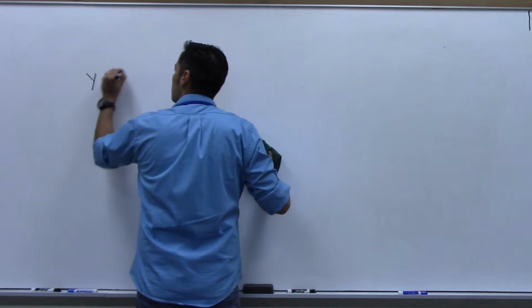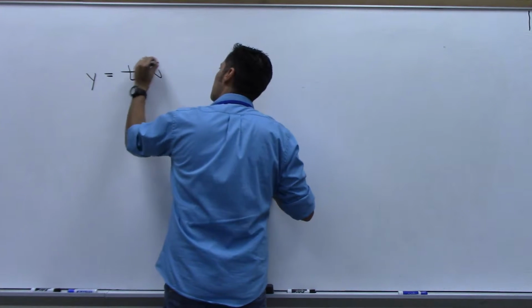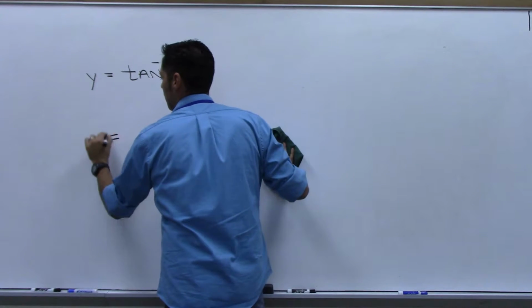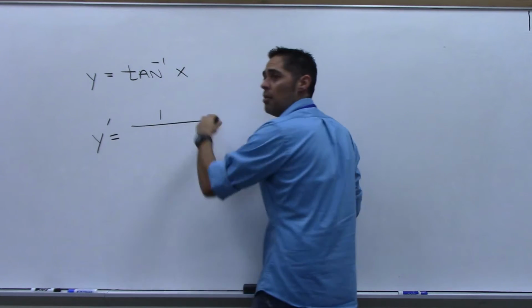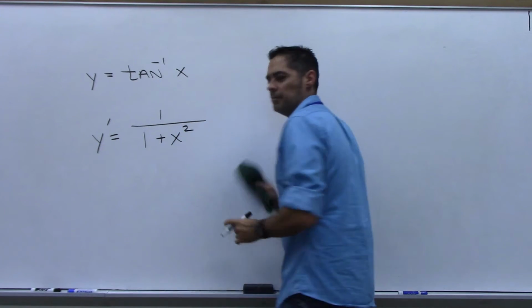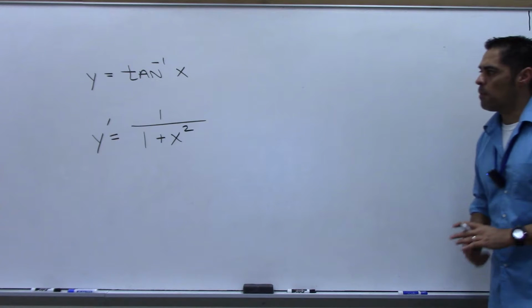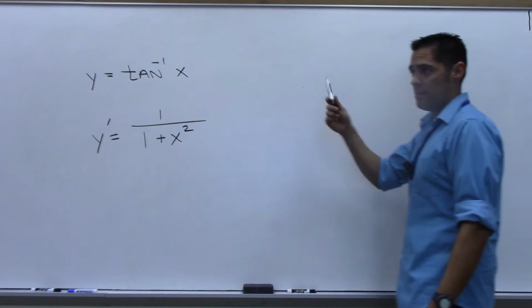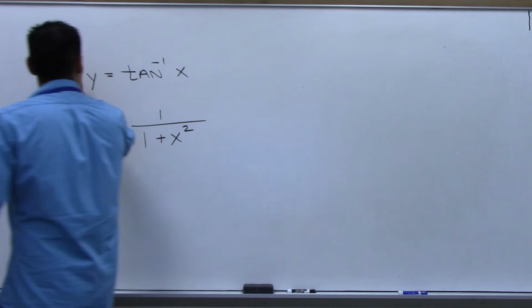If y is equal to the arc tangent of x, the derivative of this, without me showing you the whole process, is 1 over 1 plus x squared. But you could do this exactly the same as I did the other one. You would take what on both sides first?